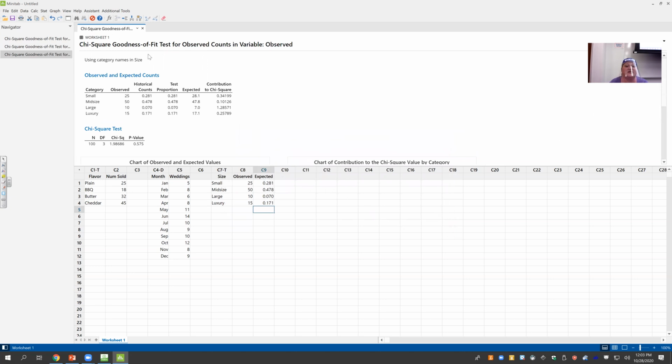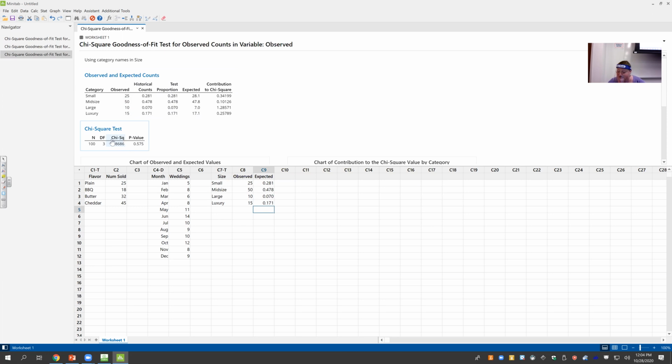And again, Minitab does all the work. But again, notice up here, we observed 25 cars. We should have expected about 28. We sold 50 mid-size. We should have expected about 47, 48. 10 large, we would have expected 7. So it does all the work behind the scenes. It still gives us our chi-square.